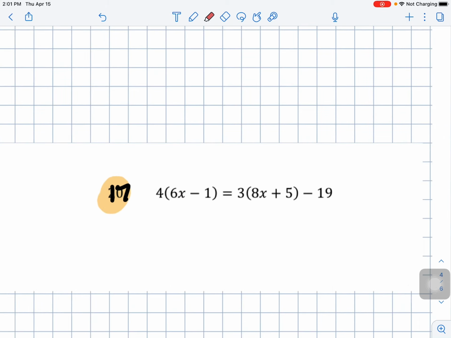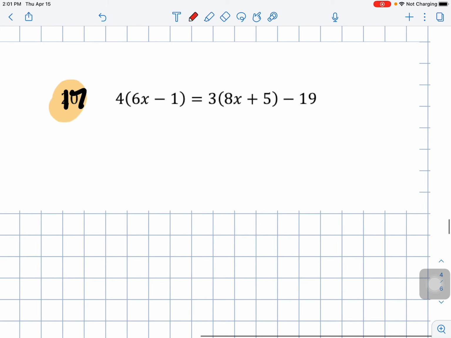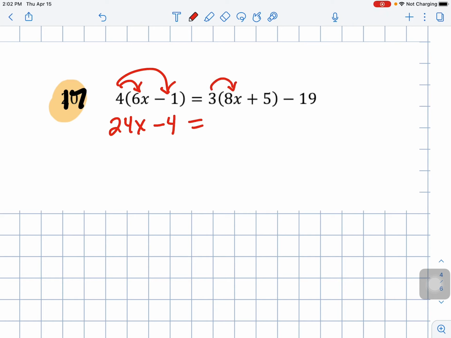So I'll do number 17 because it's the most steps. Since there are parentheses, we're going to start with that distributive property. 4 times 6 is 24x. 4 times negative 1 is negative 4. Is that equal to? 3 times 8 is 24x. 3 times 5 is 15, minus 19.